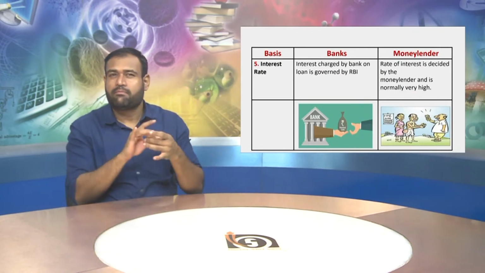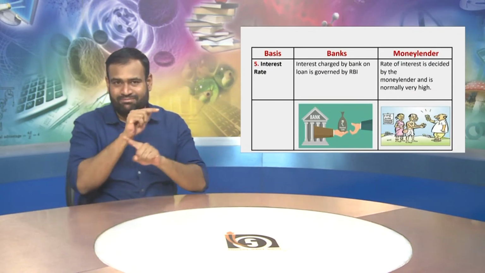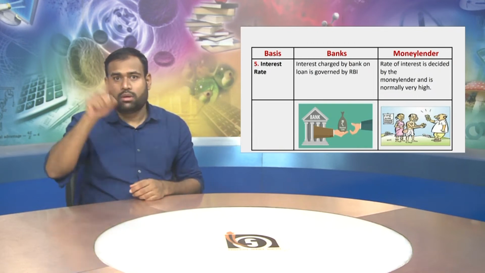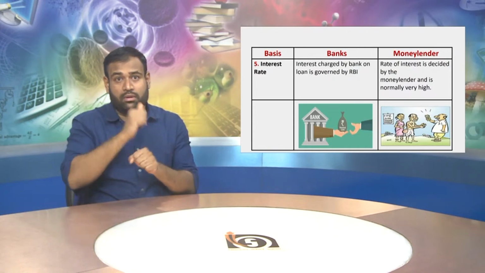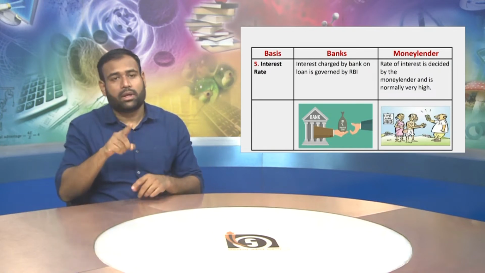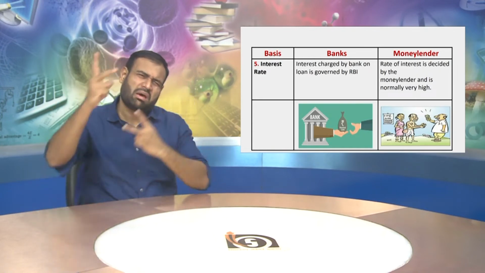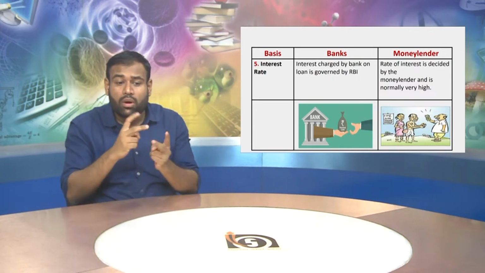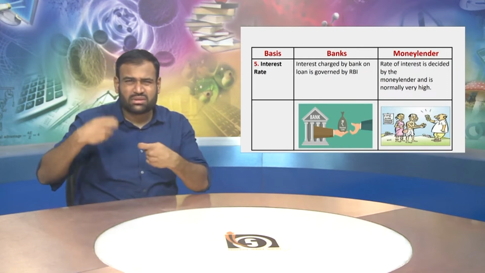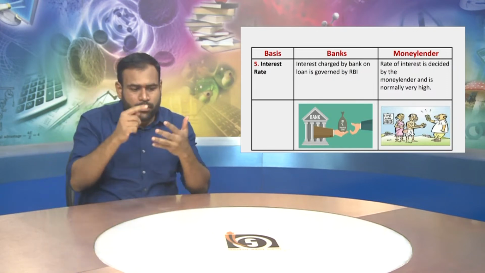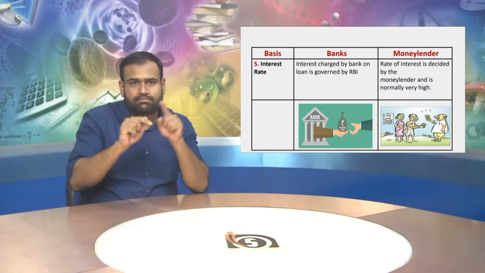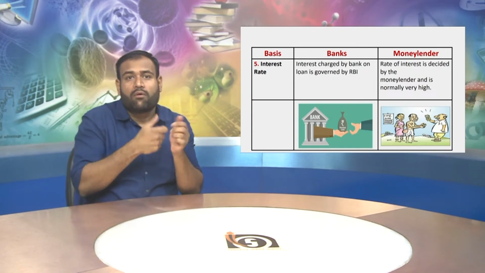If we talk about some more detail in terms of interest rate, banks give loans because they get interest, and interest is charged by banks on the rules and on all the loans which are governed by the RBI.